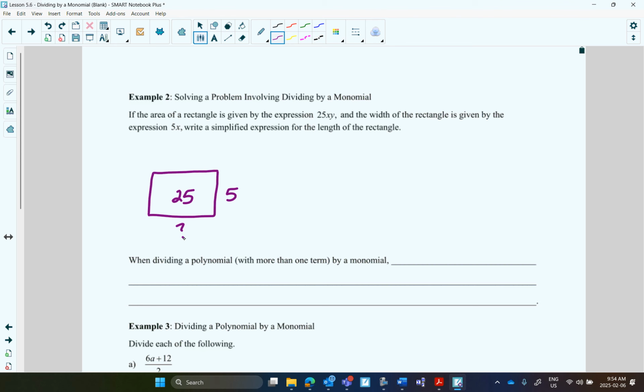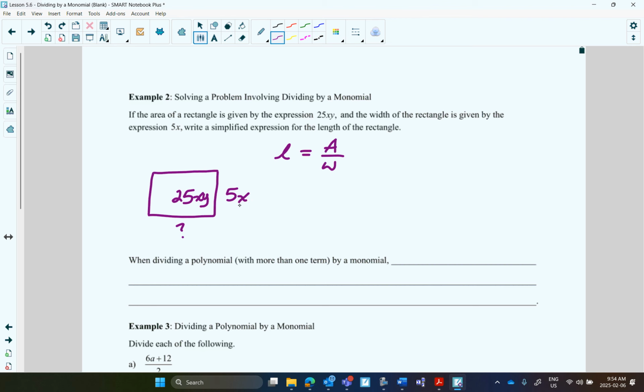Or we can find the length by taking the area divided by the width, 25 divided by 5. So in this problem, it's 25xy and 5x.